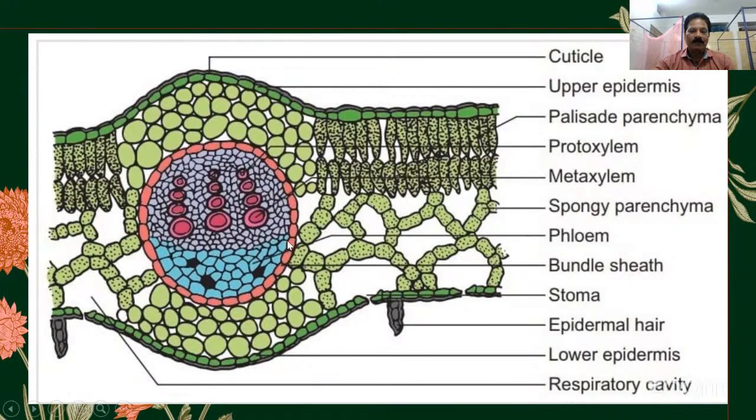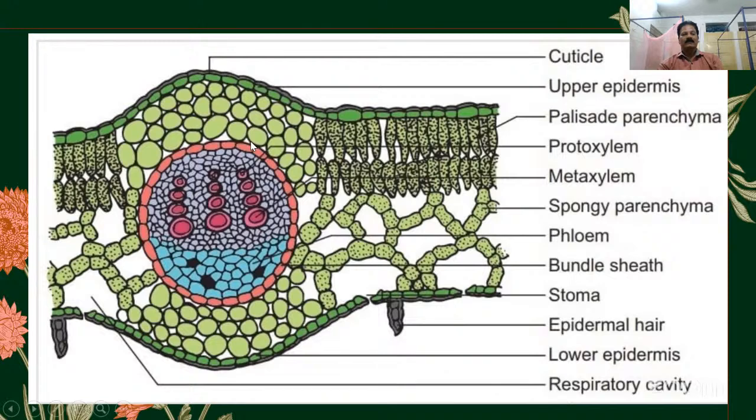At the midrib region, even at the lateral vein region also, you can find vascular bundles. But at the midrib region, a large single vascular bundle could be seen.